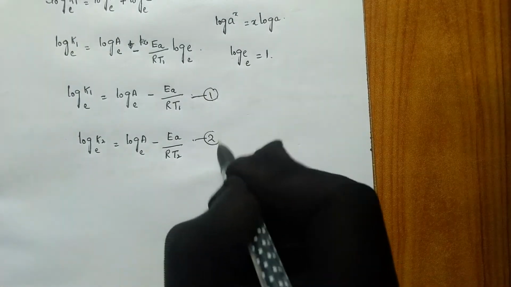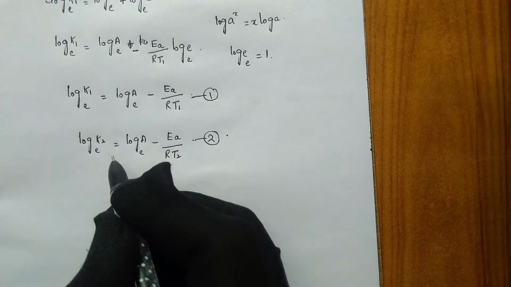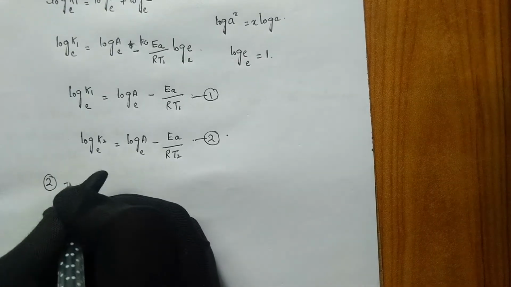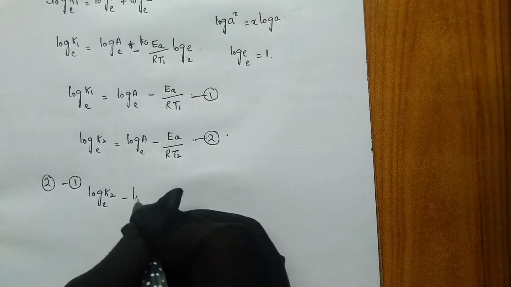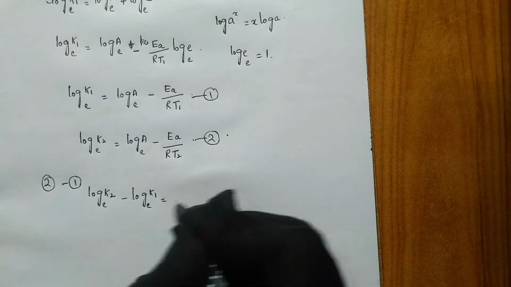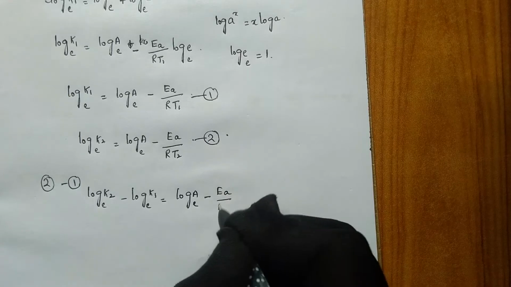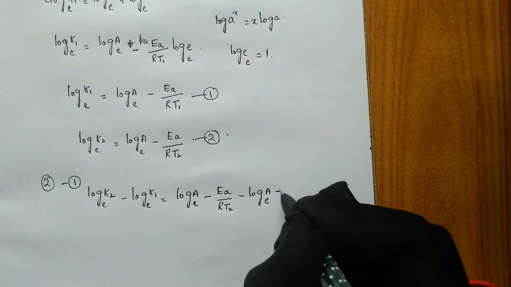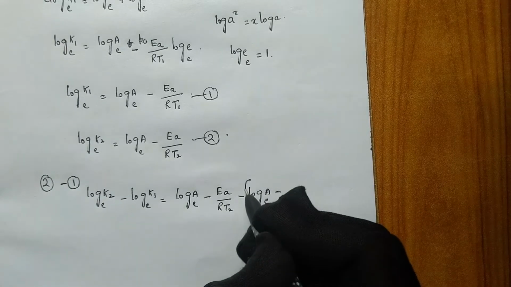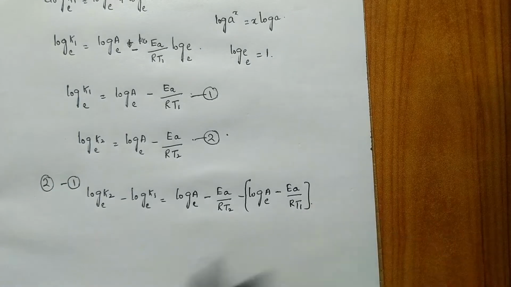Now this is equation number 1 and this is equation number 2, right? So now subtracting equation 1 from equation 2, that is 2 minus 1. So log K2 minus log K1 is equal to log A minus Ea by R T2 minus of log A minus Ea by R T1.